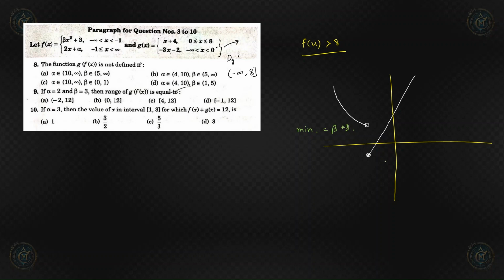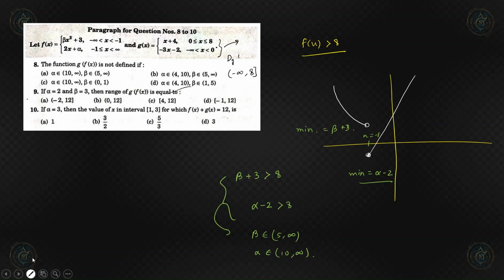And on the right hand side of x equal to minus 1, we have minimum equal to α − 2, right? So we must have β + 3 greater than 8, right? And α − 2 must be greater than 8. Okay, so that means we get, by solving these two conditions, that β should belong to (5, ∞), right? And α should belong to (10, ∞). Okay, so that means which option is correct here?